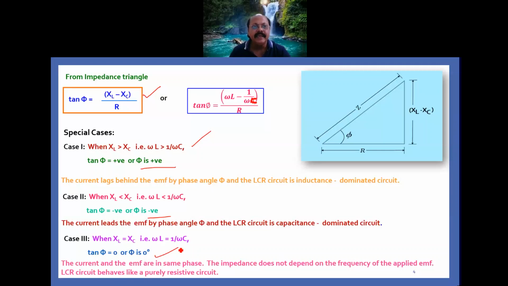Then the LCR circuit behaves like a pure resistive circuit. So this is about the special cases and how the LCR circuit behaves with respect to the phase relationship between alternating current and alternating EMF.